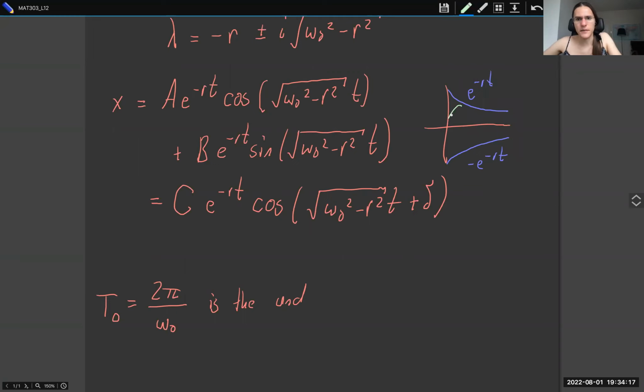It doesn't have to start at its maximum. And so what it looks like is an oscillation that's decaying exponentially. It's oscillating between two exponentially decaying curves, but it's going to cross the x-axis infinitely many times, periodically.